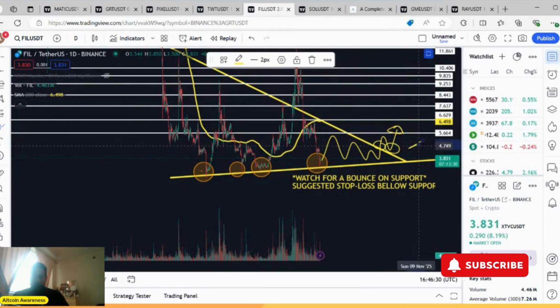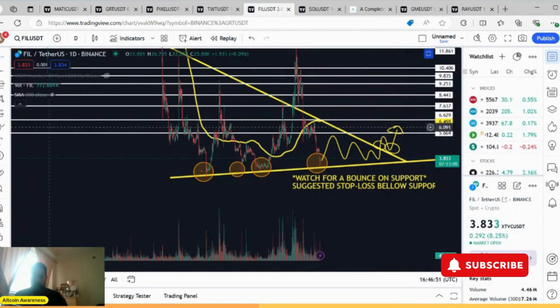So look, for example, each Fibonacci level works as a resistance in order to exit or take a percentage of your money out of the market, and as support in order for you to enter. Okay, so what I would do is I would wait until I get a break of this support level at 5.66.